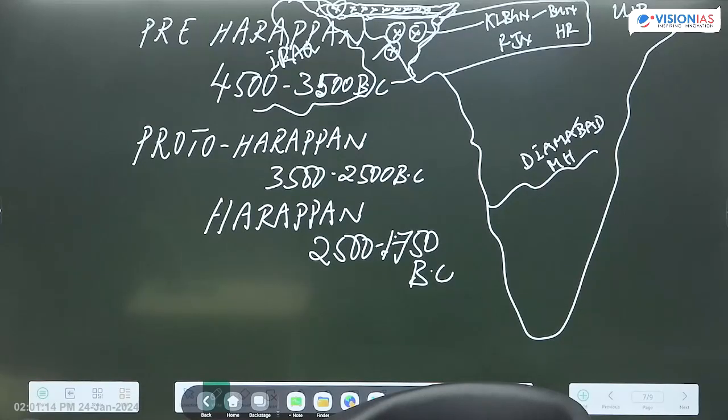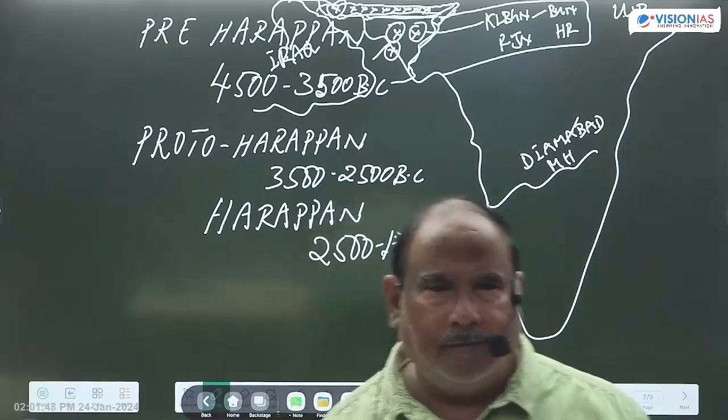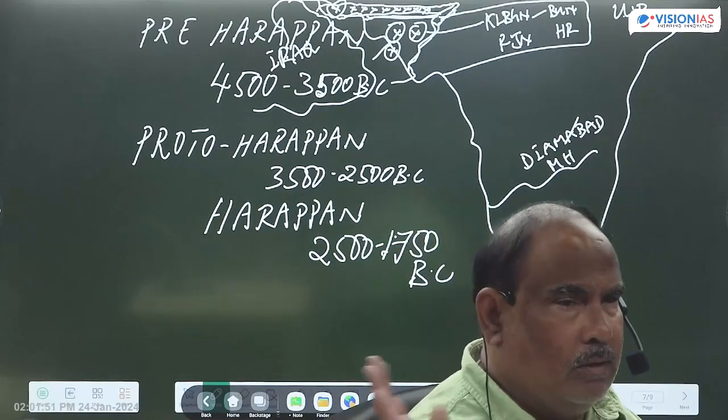Their script not deciphered so far. Next. Most of the Indus Valley sites are not fully excavated. Full stop.